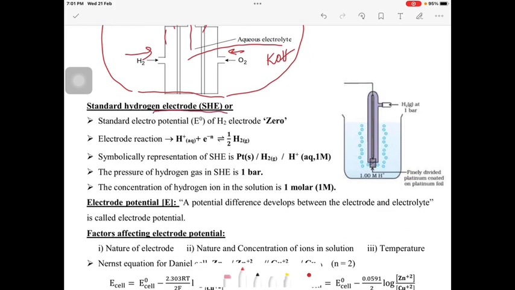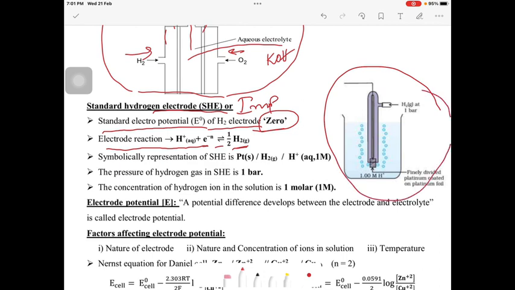Standard hydrogen electrode, very important. The standard electrode potential of the hydrogen electrode is 0. Electrode reaction: H+ plus e- gives half mole of hydrogen gas. It is the diagram of the standard hydrogen electrode.